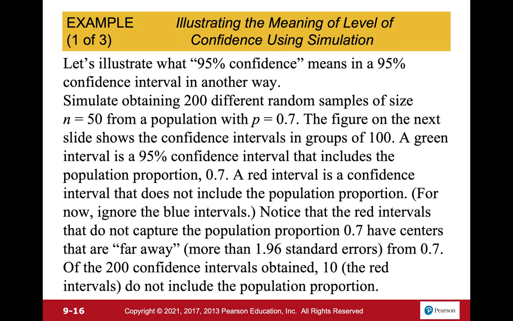For now, ignore the blue intervals. Notice that the red intervals that do not capture the population proportion 0.7 have centers that are far away, more than 1.96 standard errors from 0.7. Of the 200 confidence intervals obtained, 10, the red intervals, do not include the population proportion.